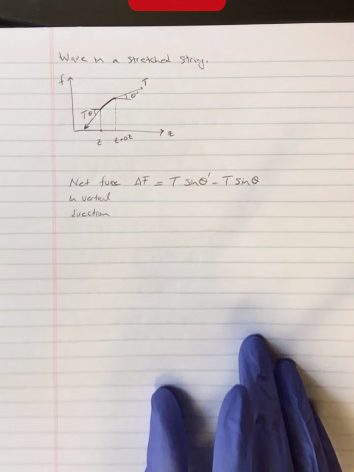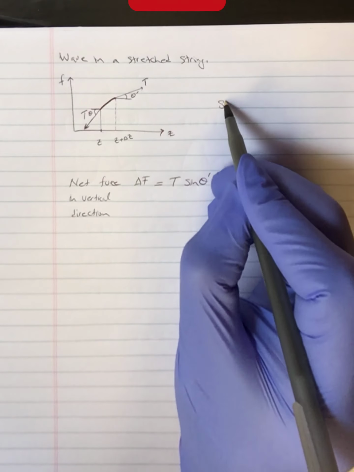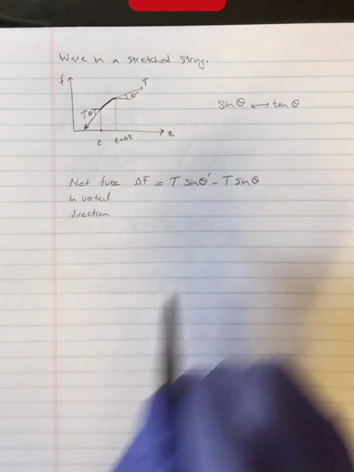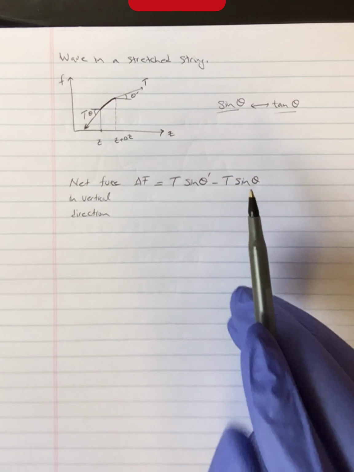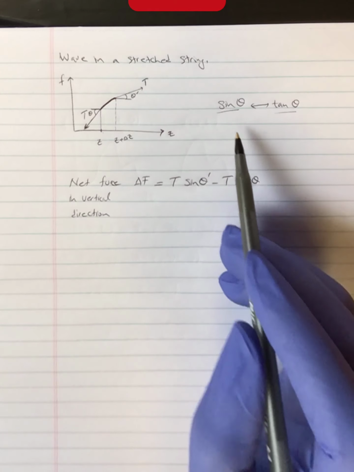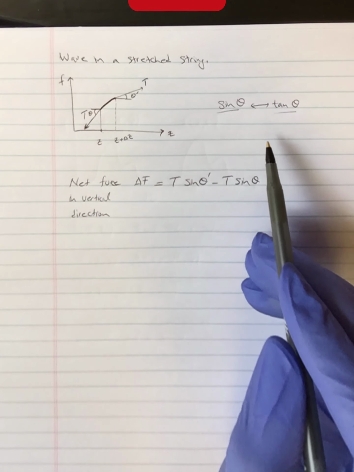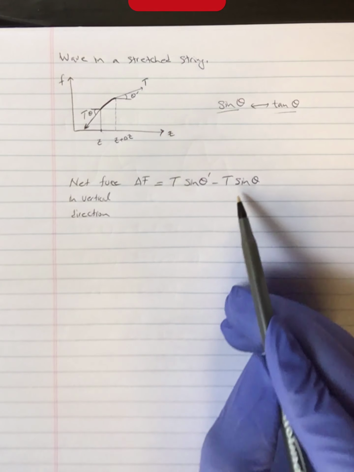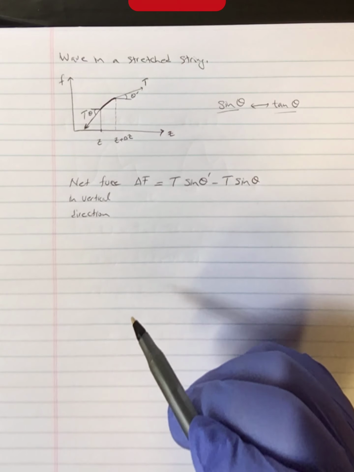So if the angles are small, we can switch between sine of theta and tangent of theta. If you do a first order or second order expansion, you're going to see the sine and tangent are very similar to each other if the theta is small. So we're going to switch sine to tangent here because that helps us in the mathematics of analyzing this.